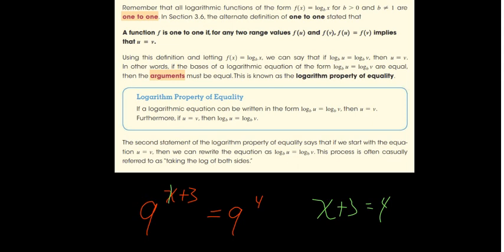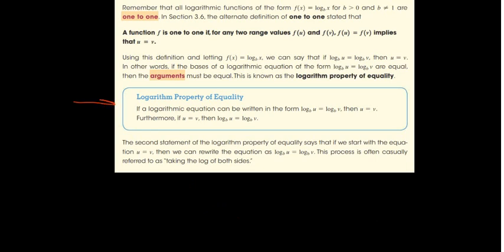We equated the exponents. Well, with logarithmic functions, what we're going to do is equate the argument. Again, just drawing our attention here to the logarithm property of equality. If we have some log base b of u, and that's equal to log base b of v, then all we have to do is equate u and v.